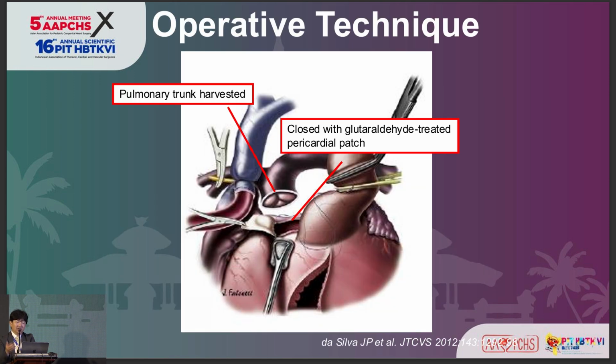The pulmonary root is excised from the heart, and the fibrous ring is excised as well. Some muscle of the subaortic portion and the subpulmonary portion is excised, then a patch is put in.